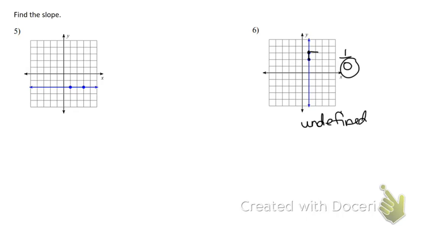All vertical lines have an undefined slope. So try to remember, 0 underneath is undefined. You're not allowed to have 0 on the bottom. That means undefined. Whereas 0 on top is okay. That one equals 0. This one equals nothing, undefined, no answer, no can do.